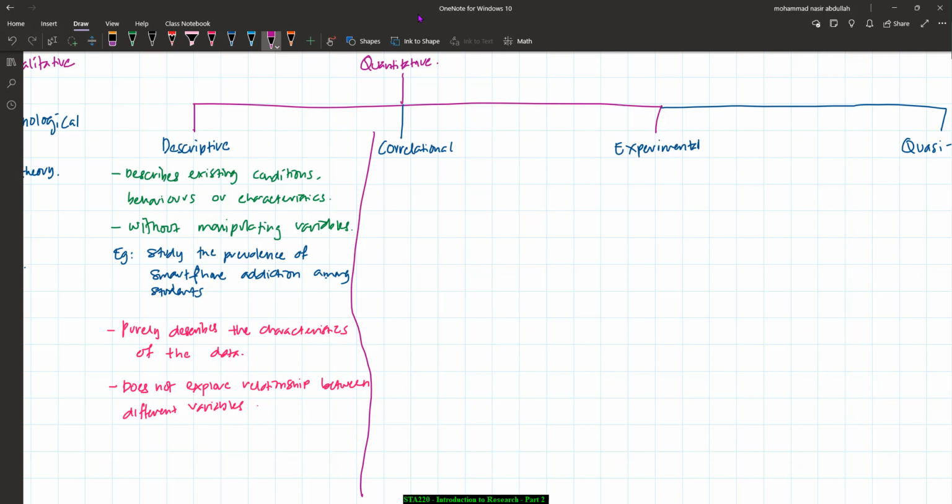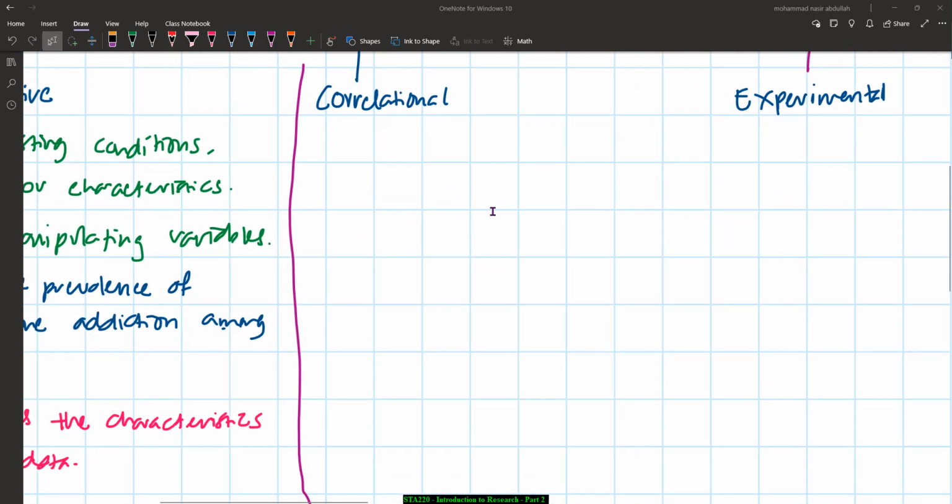Right? So later I will explain what a correlational research design is. Right? Okay, now any questions regarding descriptive research design? Any questions so far? No. Right. So now let's look at correlational research design.